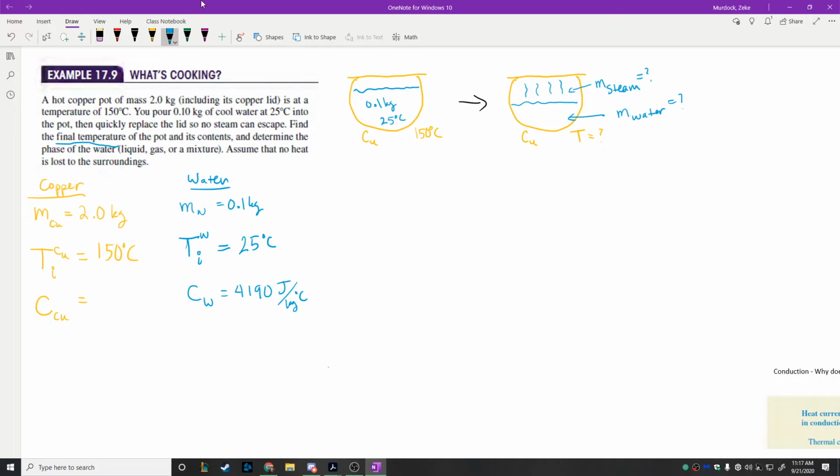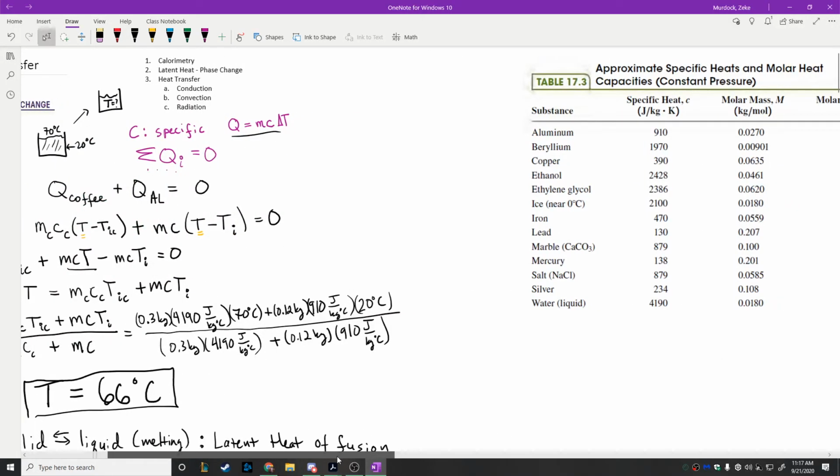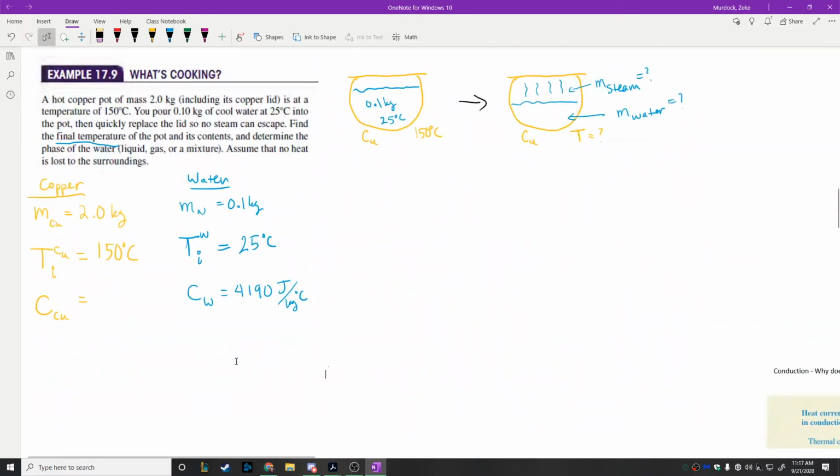I'll specifically, specific heat of copper we got to graph on this table. I think it's like 910. That's probably wrong though. Copper is 390. I don't know.